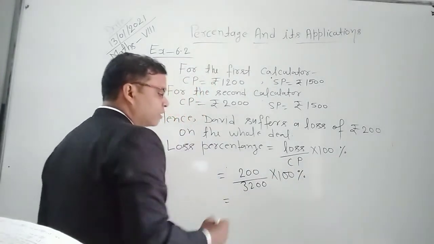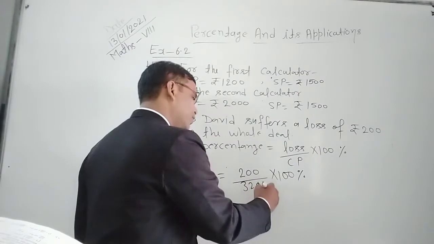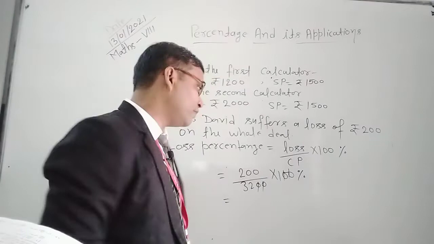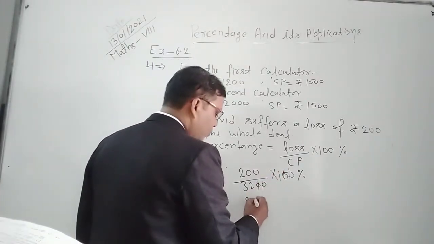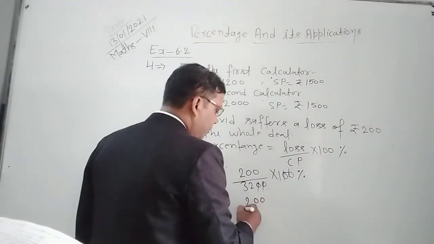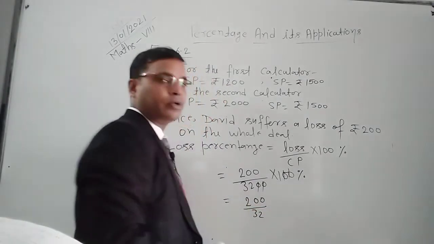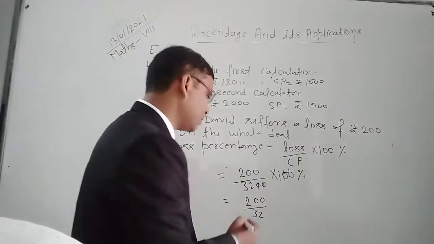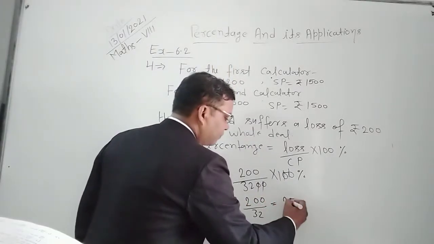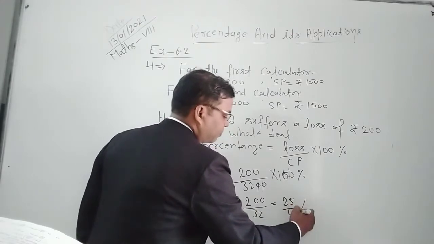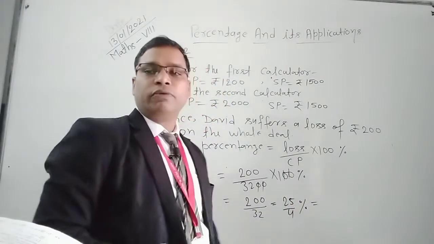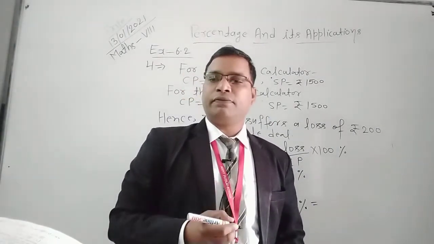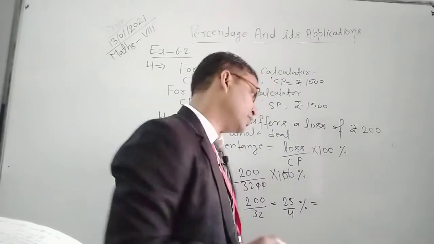If you calculate it, we cancel the zeros and we have 200 by 32. If you divide it, then you get 25 by 4 percent, which is 6.25 percent.